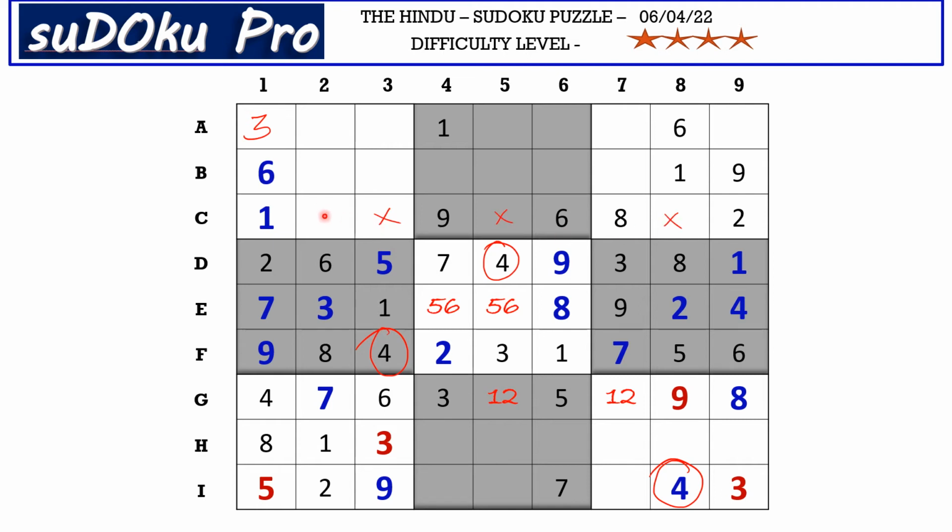So C2 takes 4 and now there are 3 empty cells and the missing numbers are 3, 5 and 7. You have a 3 and 5 in column 3 which blocks the cell. So C3 takes 7. Now the missing numbers are 3 and 5. There is a 3 here. So C5 takes 5 and C8 takes 3.